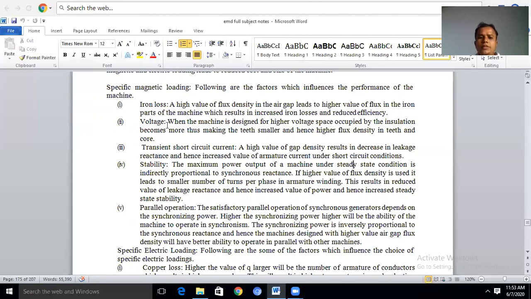Then second is voltage. When the machine is designed for higher voltage, the space occupied by the insulation becomes more, thus making the teeth smaller and hence giving a higher flux density in the teeth and the core.